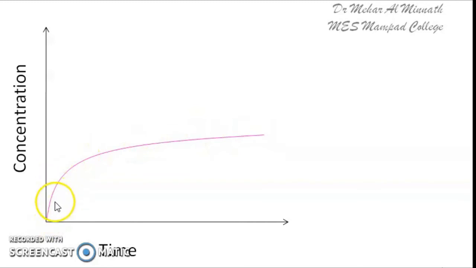Initially, there will be a sudden increase in the concentration, and as time passes, the increase in concentration of B slowly comes to a constant, a straight line. The initial large increase is because initially the reaction is at a faster rate.